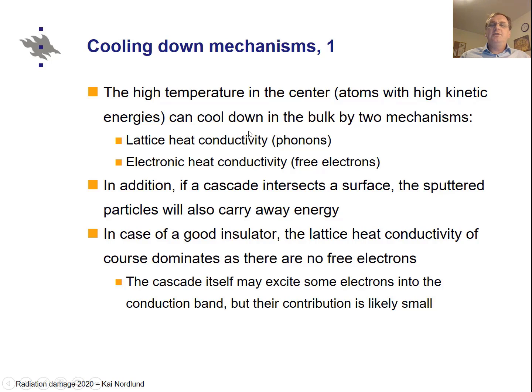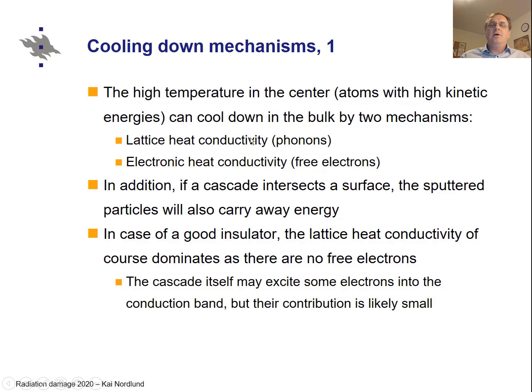Now you saw that this heat spike, this hot collisional region, was cooling down, and then the next logical question is, how does it cool down? Well, in this simulation, the main cooling is lattice heat conductivity, phonons.